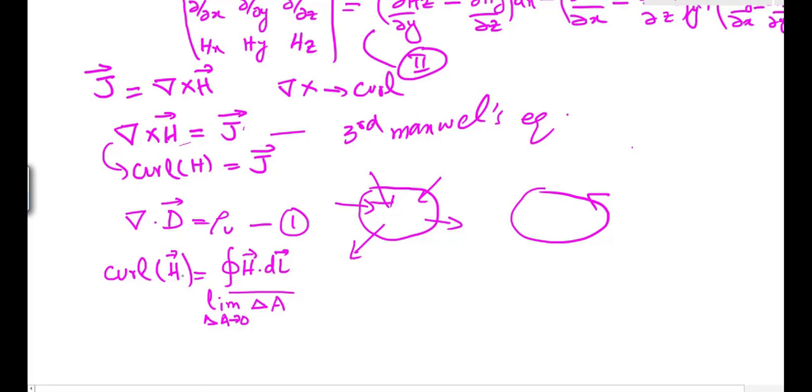Now if you replace the magnetic field intensity by the electric field intensity, we obtain the curl of the electric field intensity as the closed line integral of the electric field intensity, again divided by the area.